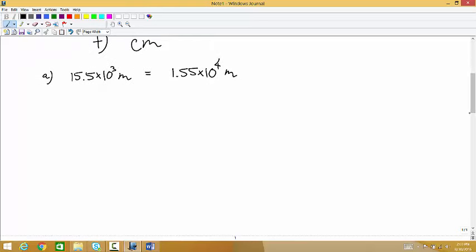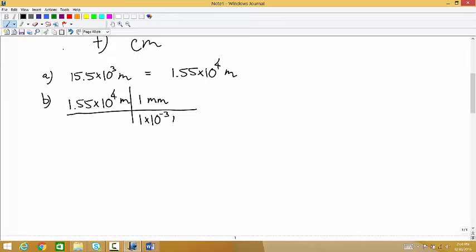And then B, express it in millimeters. So I'm going to start with this same thing again. 1.55 times 10 to the fourth meters. And 1 millimeter is equal to 1 times 10 to the minus third meters, because milli means times 10 to the minus third.